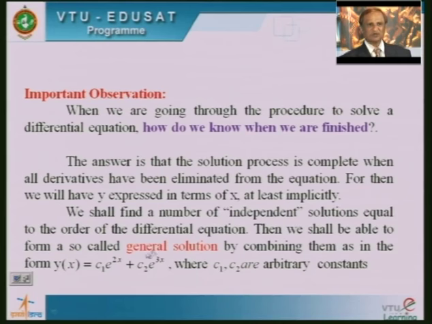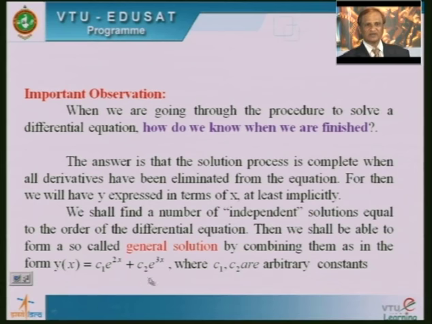Then we shall be able to form a so-called general solution by combining them in the form y is equal to c1 e to the power 2x plus c2 e to the power 3x, where c1 and c2 are arbitrary constants. Friends, so far we have considered a second order differential equation. First we assumed e to the power 2x and e to the power 3x are two solutions of the equation. Then I said that you can verify this form will also satisfy the given equation, which can be verified easily.